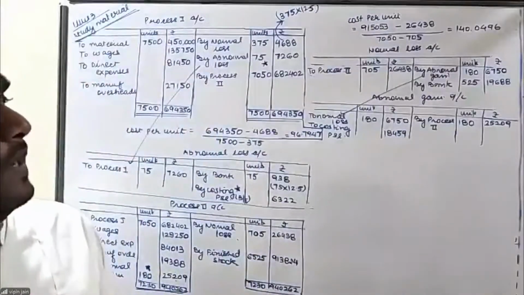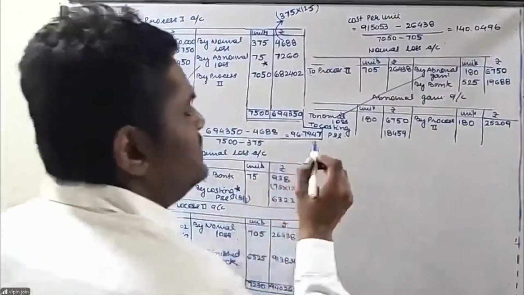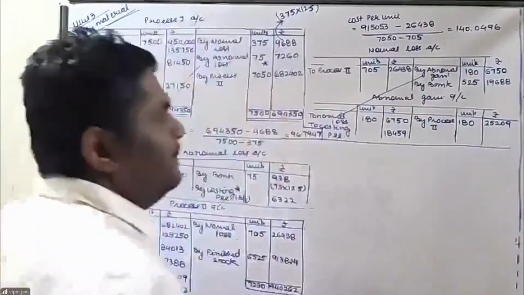So this is how the abnormal gain account is prepared. We have already discussed this part in detail separately.